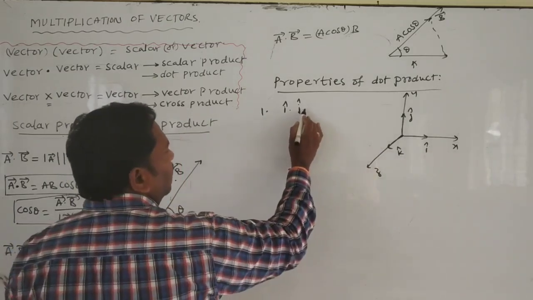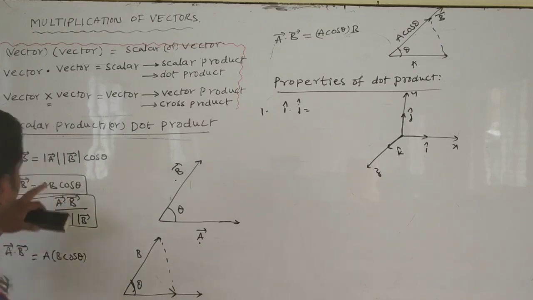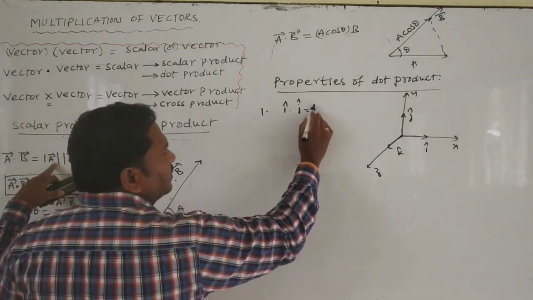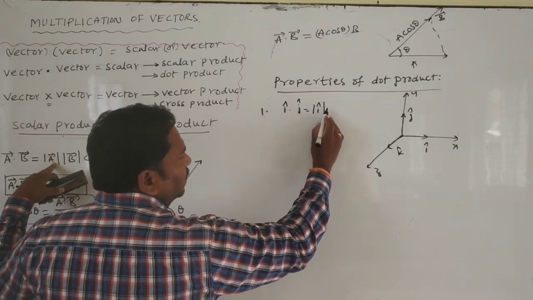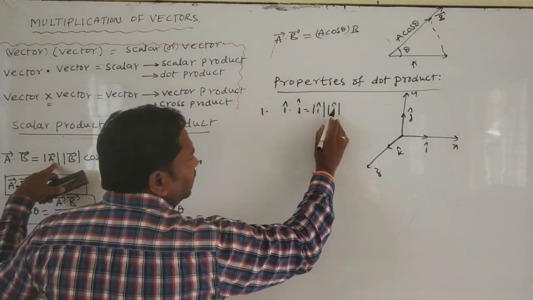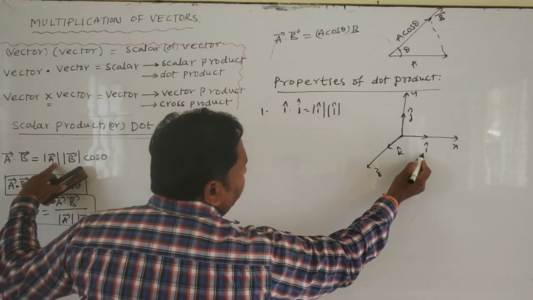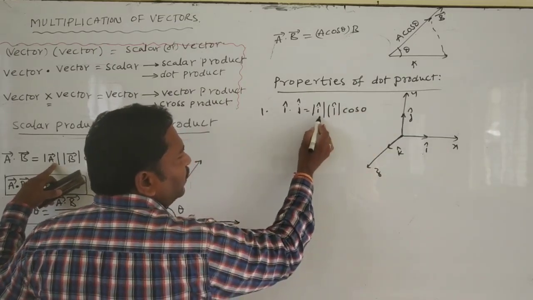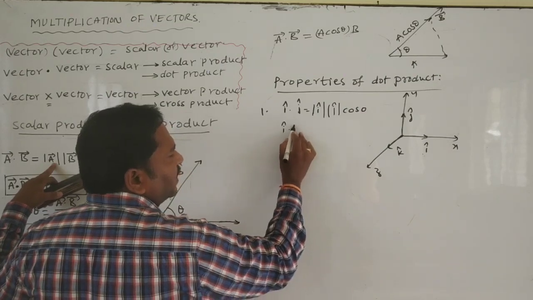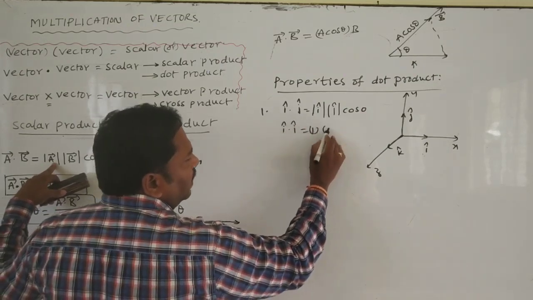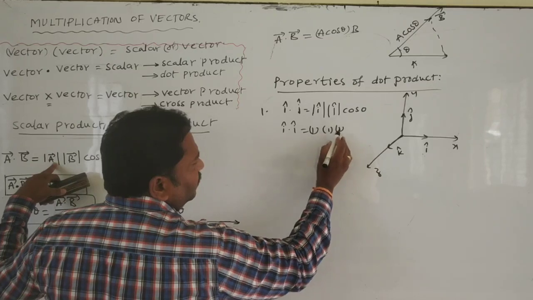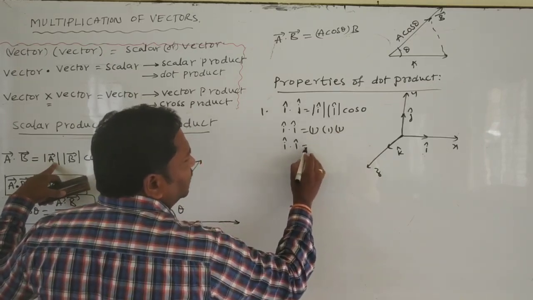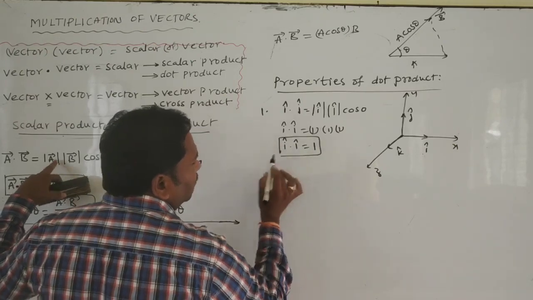Let's say we are applying this formula. So modulus of I cap, and what is the angle between I cap and I cap? 0. So modulus of unit vector 1 into modulus of unit vector 1 cos 0, which is 1. So the answer I cap dot I cap is equal to 1.